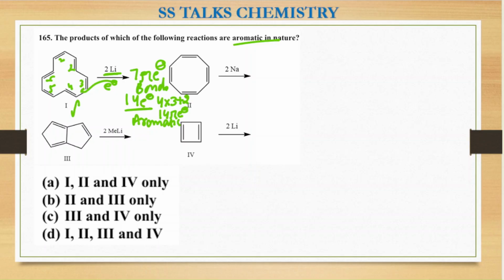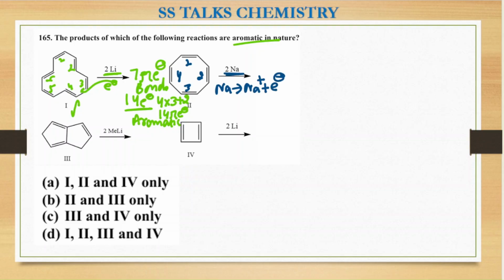Now in reaction B, or the second reaction, we have this tub-shaped molecule. Here you initially have 4 double bonds present. If you treat it with sodium metal, just like the lithium metal, it is going to give Na positive and the electron density will be provided.